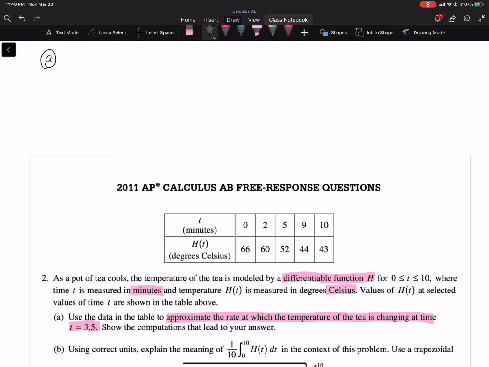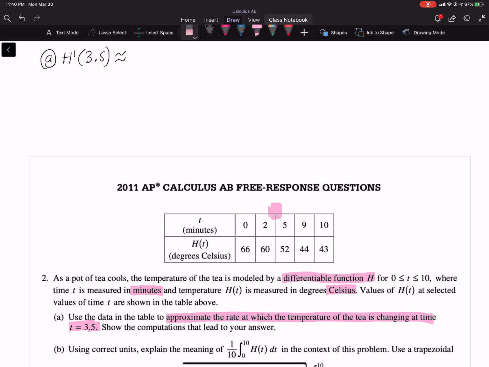So approximate the rate, in other words, approximate the derivative of H at 3.5. And we're going to do an approximation. But if you look, 3.5 is between 2 and 5. And we don't have the function H. So the only way we can really approximate is doing the average rate of change.